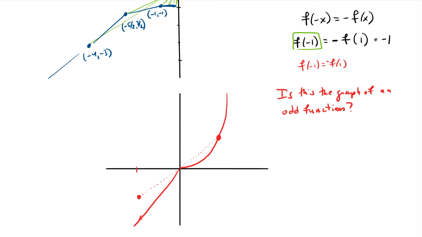Pretty much all points would not satisfy the fact that on the other side, you get a point on the curve that's obtained by reflecting the point on the right hand side across the origin. So for example, I can do it with a third one.